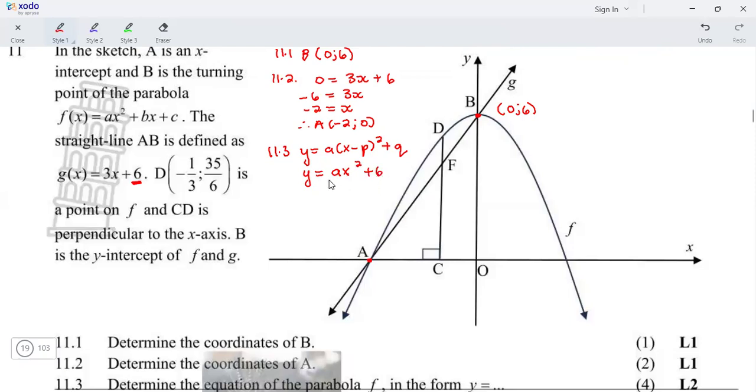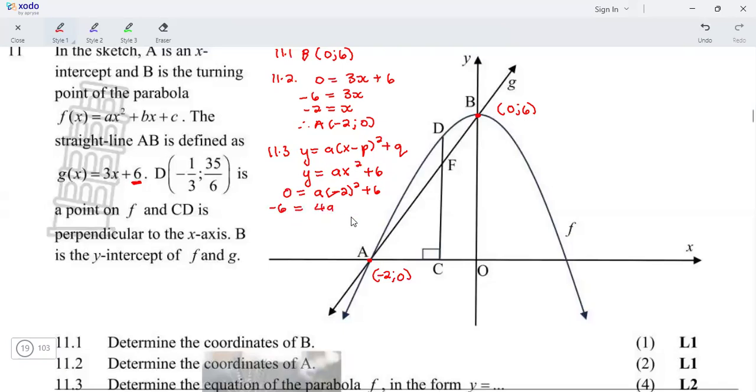Now we just need to find the value of a. So we need a point that we can substitute. And remember, we've got the coordinates of A as (-2; 0). So in place of y, we're going to put 0 and then have a(-2)² + 6. Take the 6 over, that's going to be -6 = a(-2)², that's going to be 4, so we have 4a here.